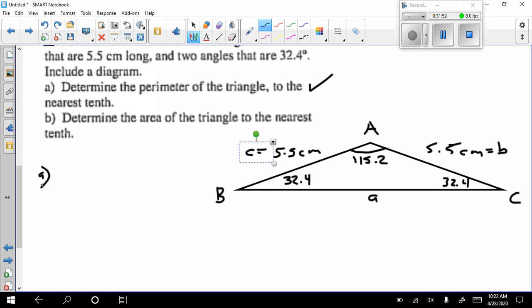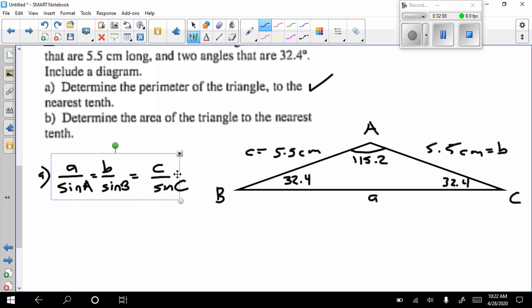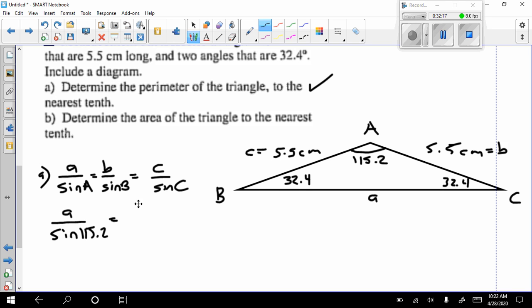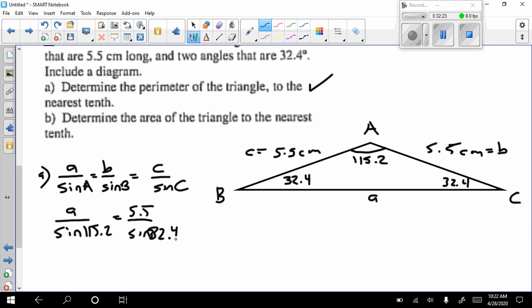I'm going to come over here, and because I've got some opposites, I can use sine law. So I'm going to go a over sine A is equal to b over sine B is equal to c over sine C. Okay, and then I'm going to sub in my numbers here, so little a over sine of 115.2 is equal to 5.5 over sine of 32.4.